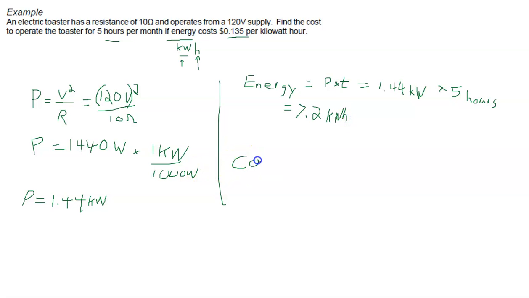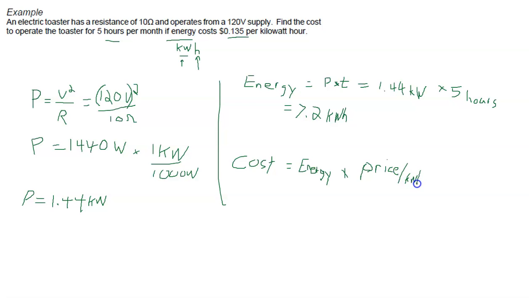So the cost, if you want to write a formula, is equal to the energy usage multiplied by the price per kilowatt hour.